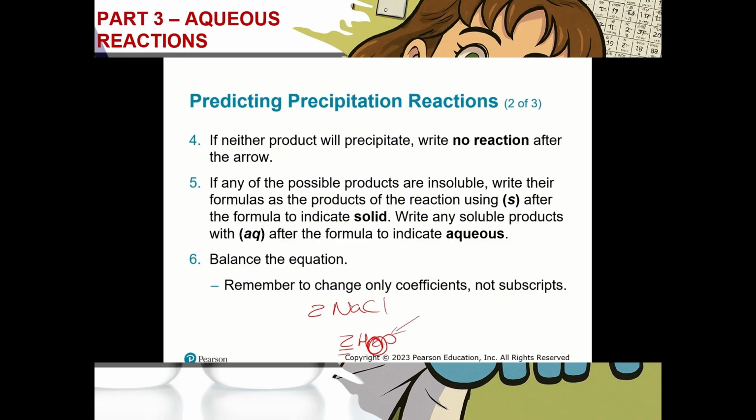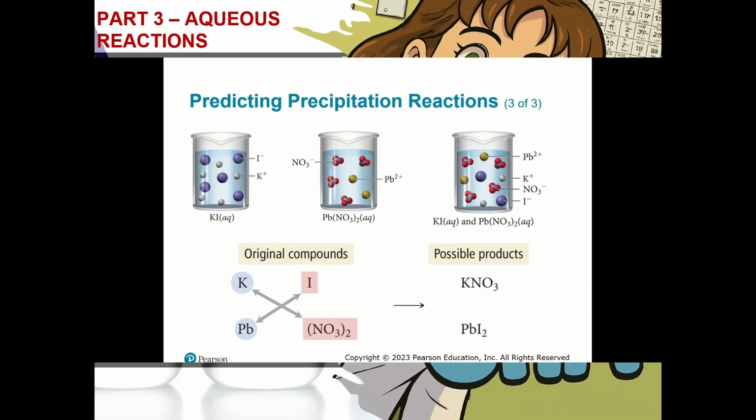Because what you see over here is 2 water molecules. If I change the subscript, that's a completely different monster. This is not water, this is another molecule, so we will not change the subscript. The subscript is the identity of the compound, okay?